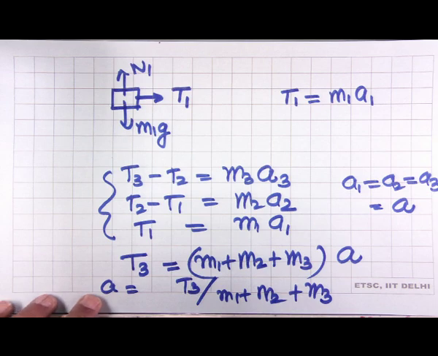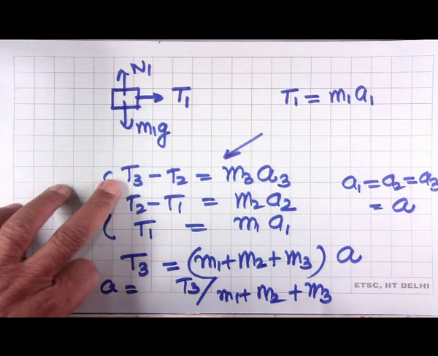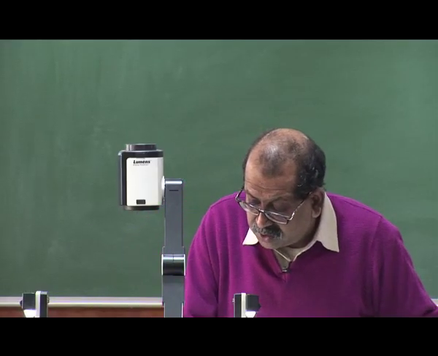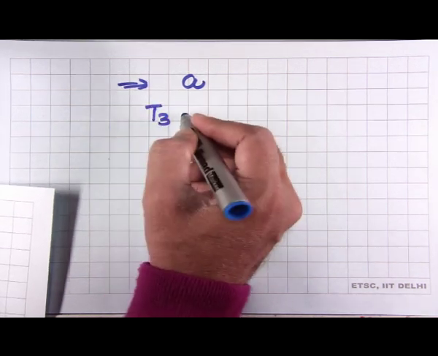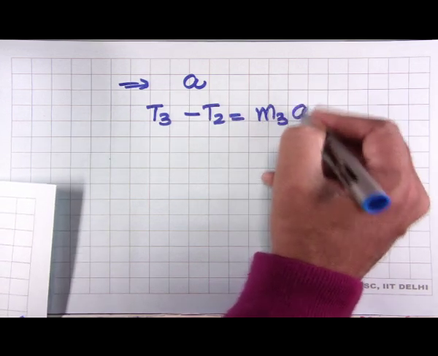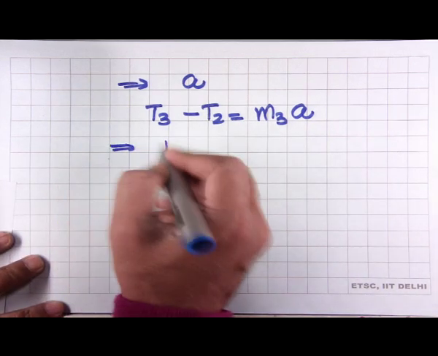Once we get the acceleration A, we can go to the first equation. Let us write this. So this implies we get A. Then we go to equation number 1, T3 minus T2 is equal to M3 times A. From this equation we can get the value of T2.